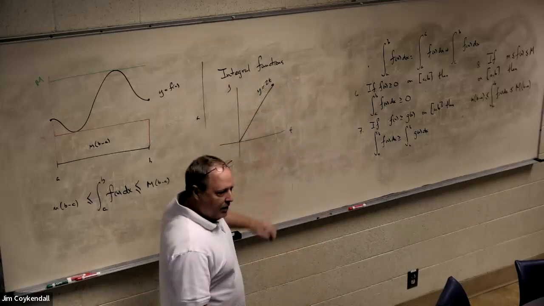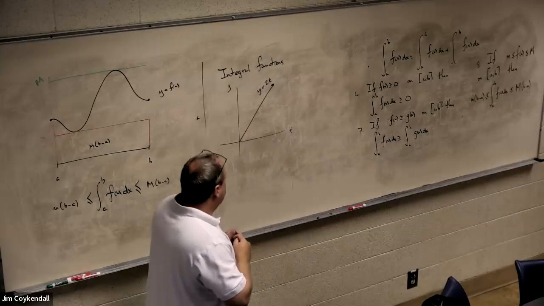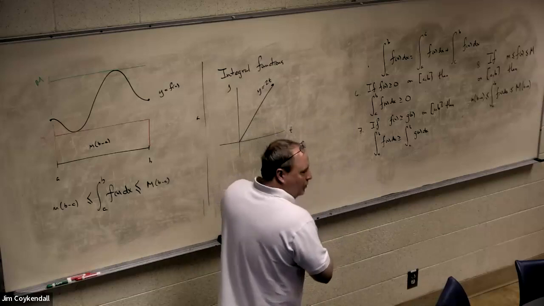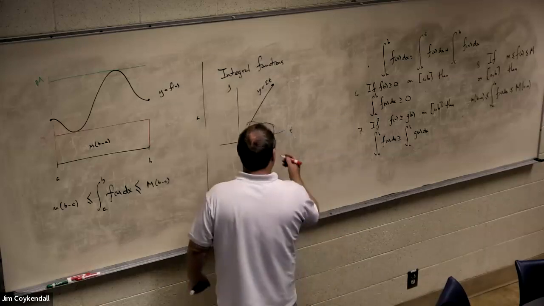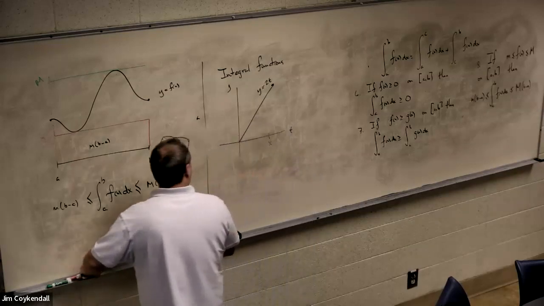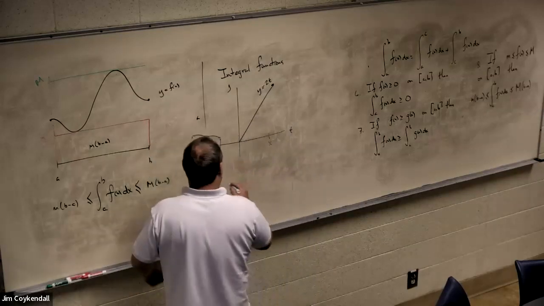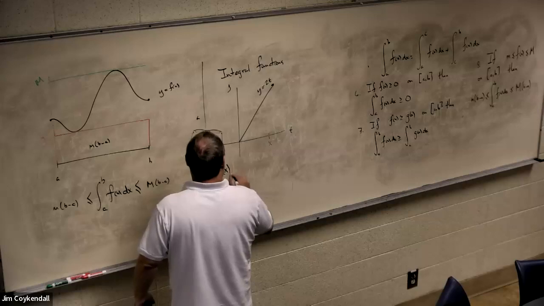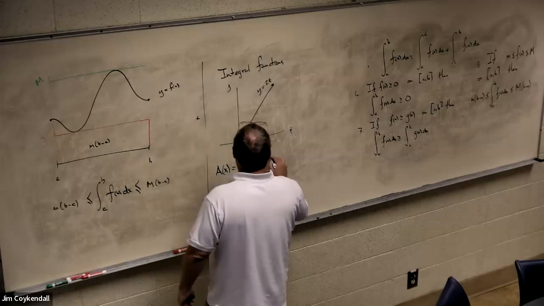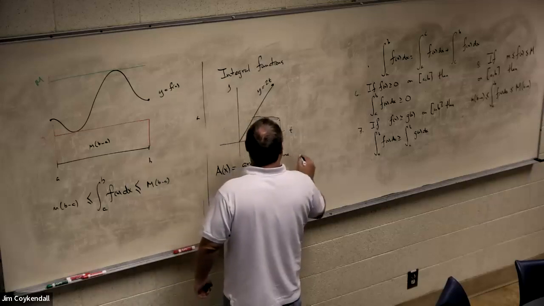Now, I'm not really doing this. You guys, I want to practice one more of these integrals here. But I bet you all can do this. I'm just going to do one more easy one right here. I'm going to call that x. I want A of x equal to the area under the line.